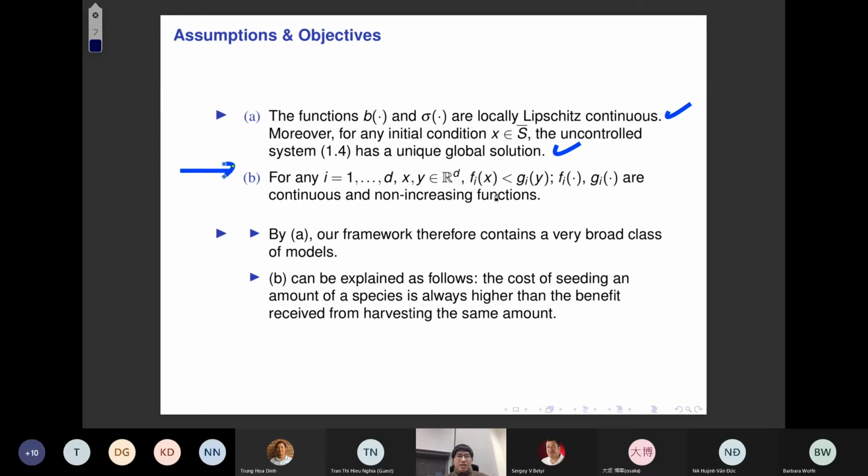This is because in our work, we consider that it's harder to seed, it's harder to renew. So when you want to renew, you have to buy species and you have to take further action to seed. Because of that, we suppose the price is smaller than the cost.